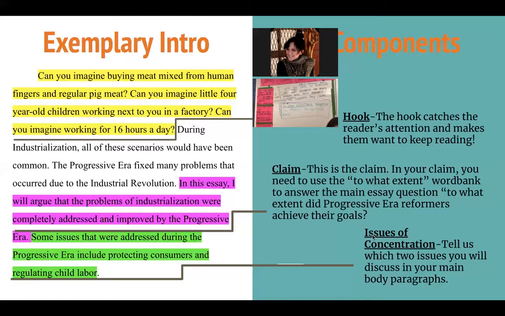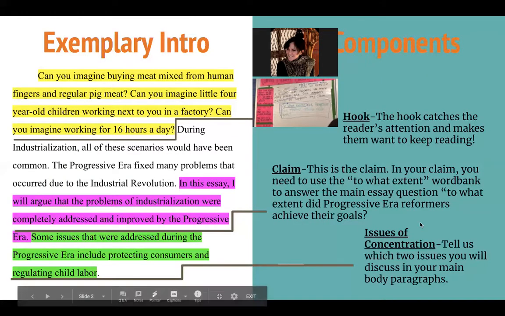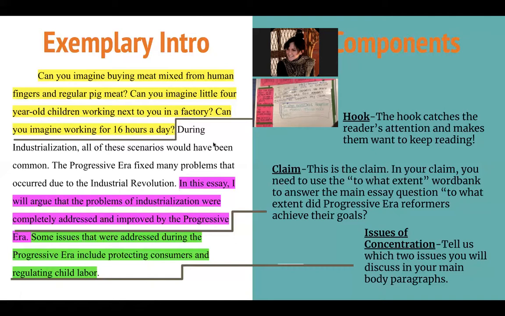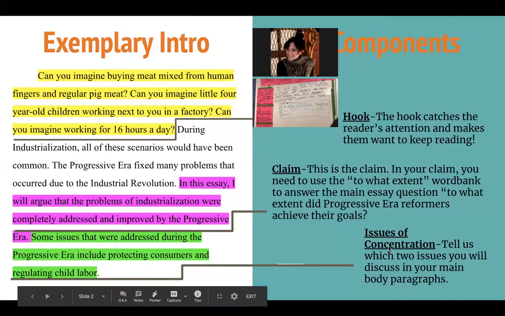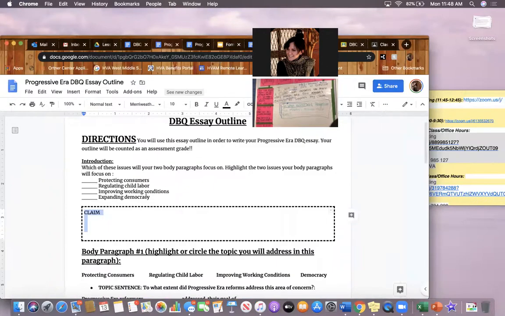Finally, this person included their issues of concentration at the end of their intro paragraph, meaning they told us which issues they are going to concentrate on. You'll remember back to the DBQ essay outline that there were 4 different issues you could concentrate on. This person, like all of you, chose 2.